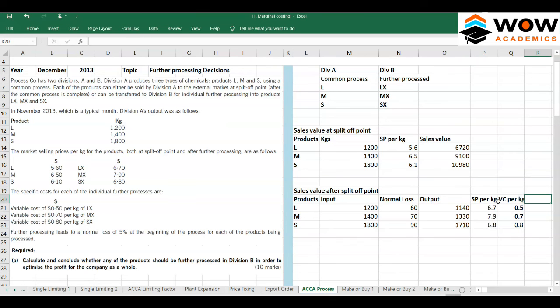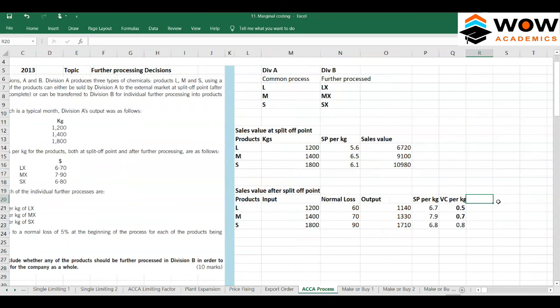So now you get the profit value. Profit per kg would be 6.7 minus 0.5.